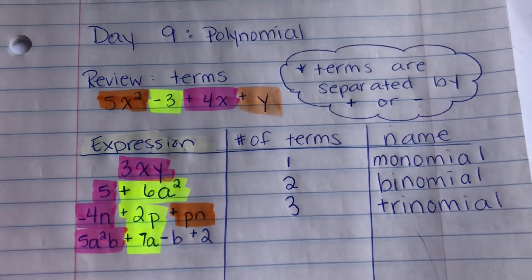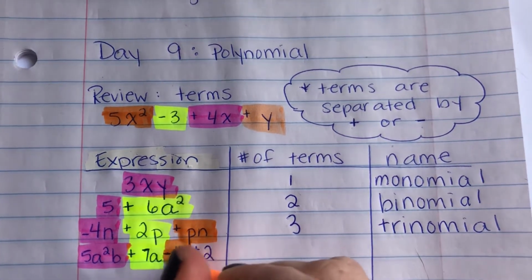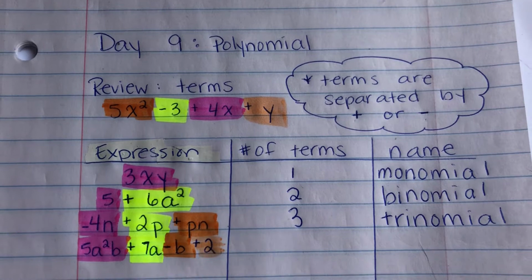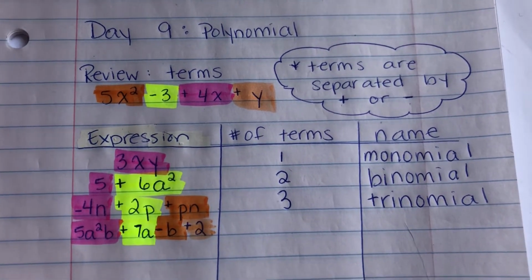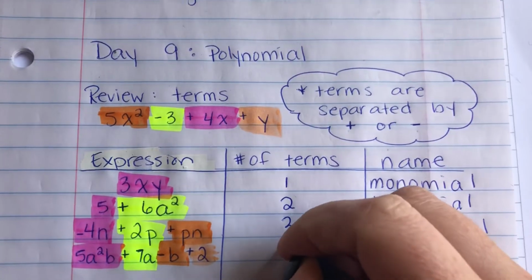This is another term. This is another term. And then we have this other term last. So if we count these, we have 1, 2, 3, 4 terms.